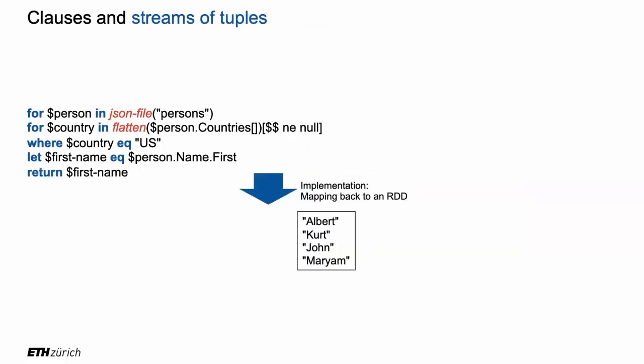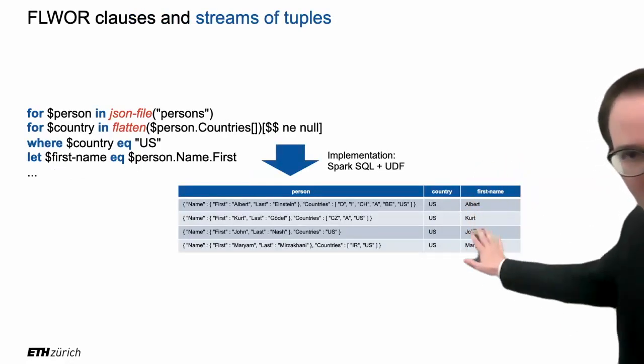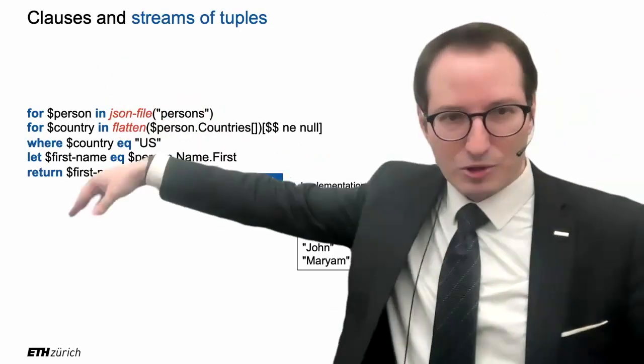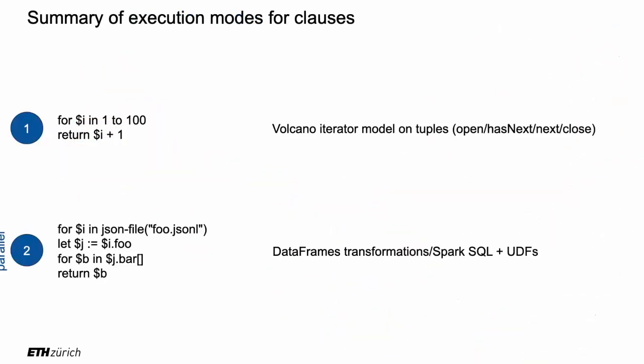So in that case, $first_name. And it's going to just keep $first_name. That would be this, right? So that gets turned back into an RDD, right? So this is how it works internally. And again, the user doesn't see that. The user just types this, and then it's all going to be executed in parallel.